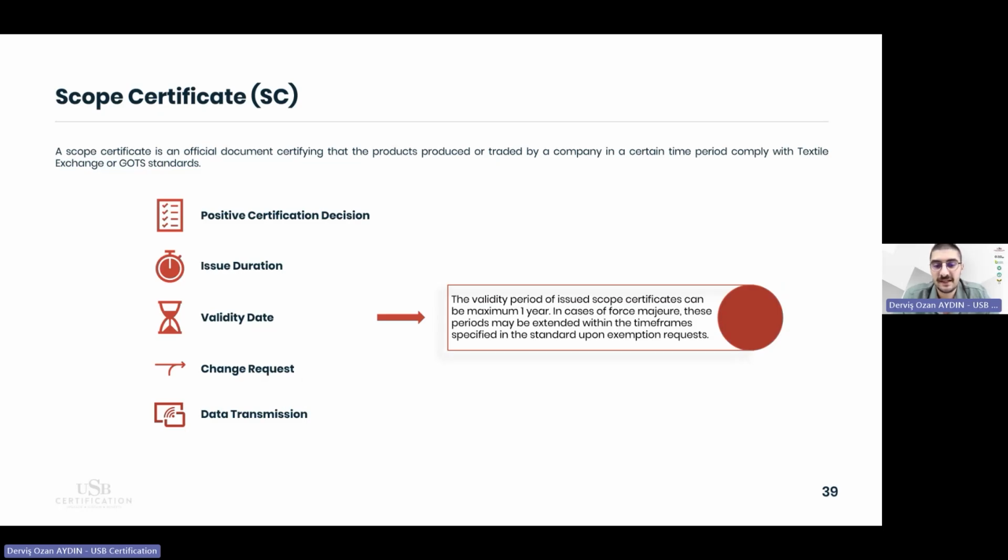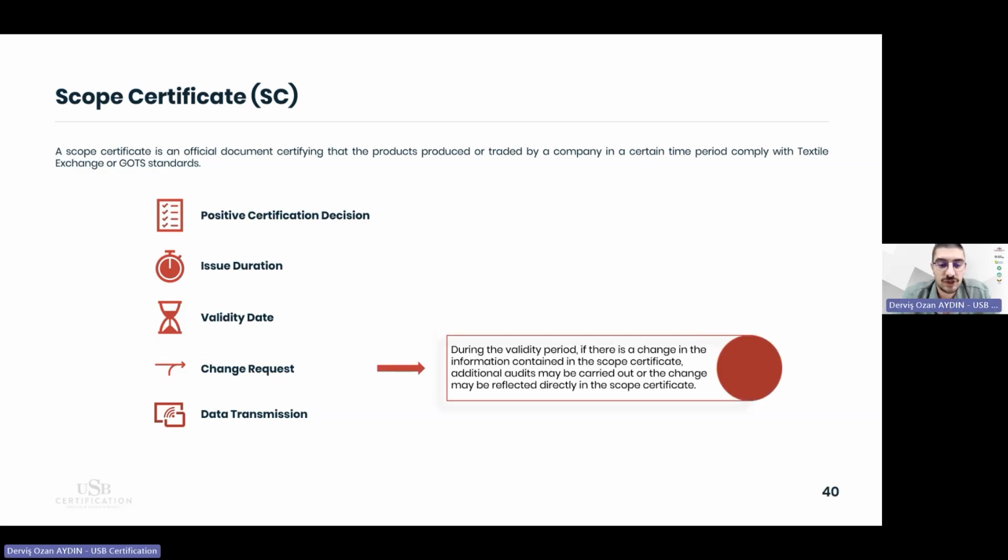The validity period of issued scope certificates can be a maximum of 1 year from the issue date. In case of force majeure, these periods may be extended within the time frames specified in the standards upon examination of requests.